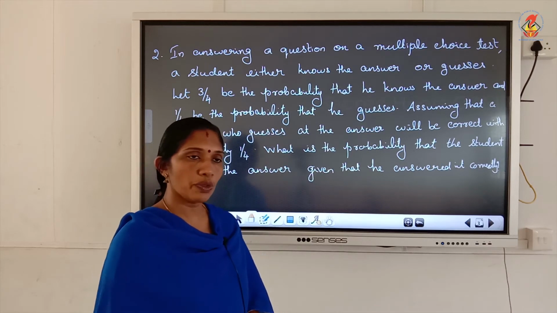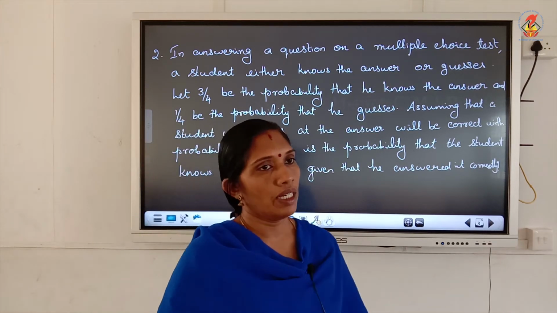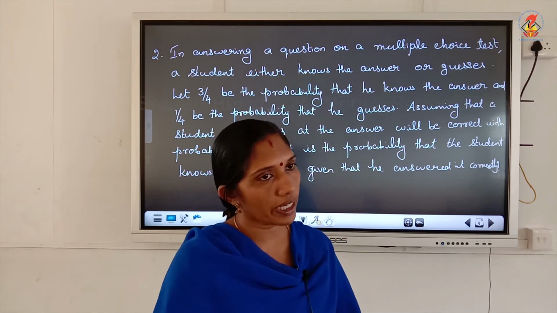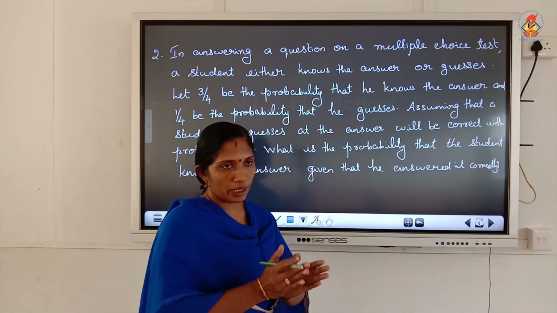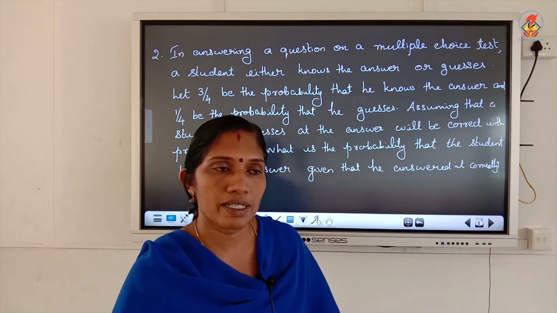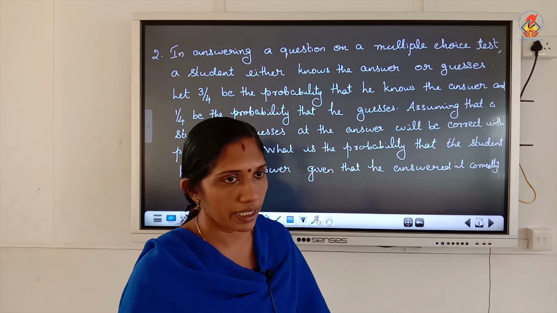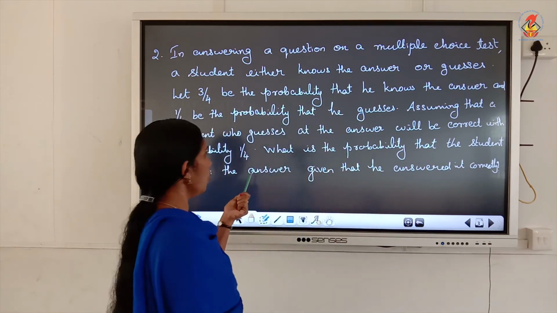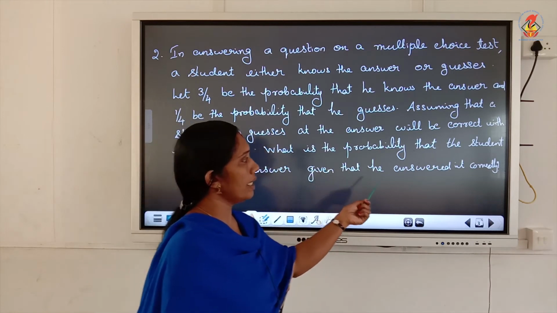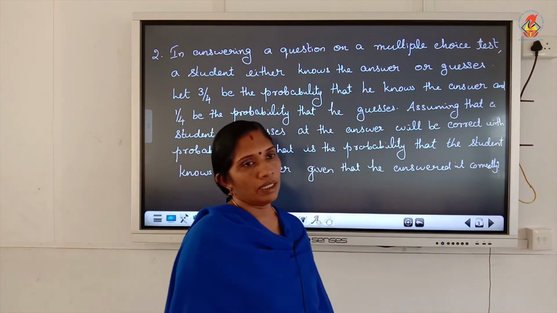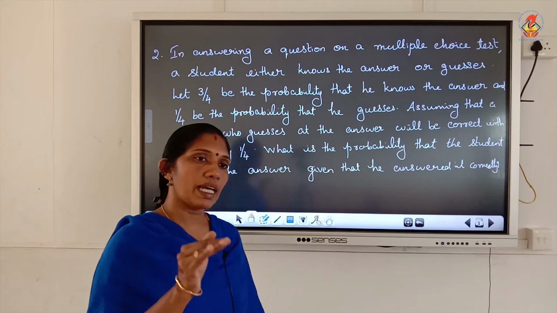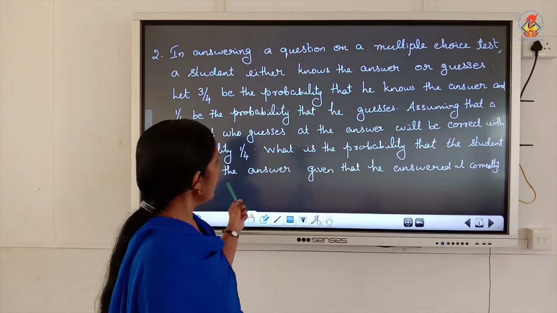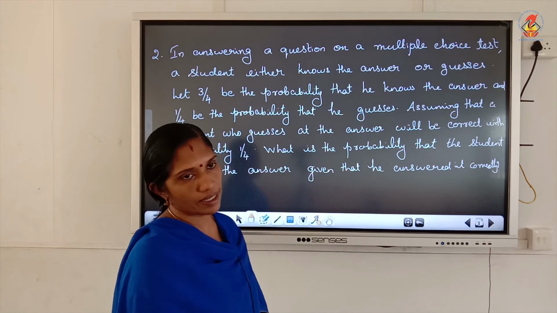That is equal to 1, isn't it? Then what is the probability that the student knows the answer given that he answered it correctly? So the question is the student answered correctly. Then what is the probability that he knows the answer?